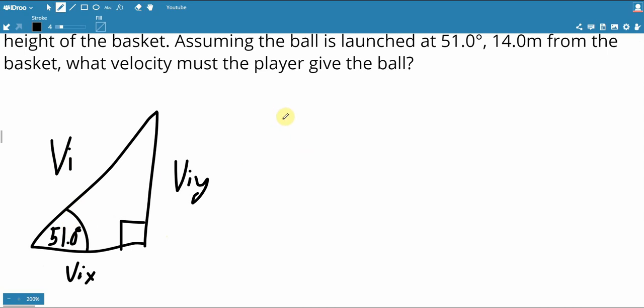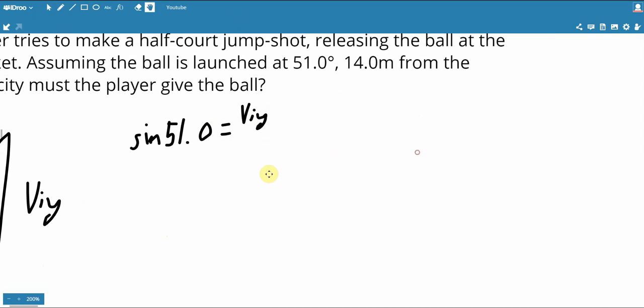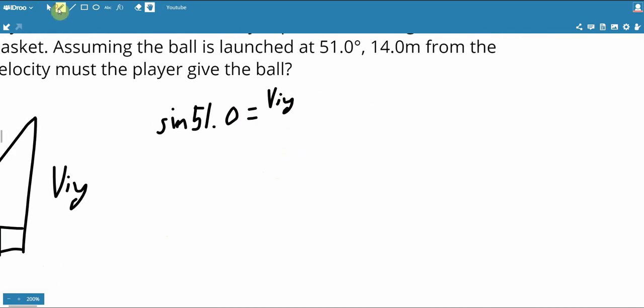So let's start with sine of 51.0 equals opposite over hypotenuse. So opposite is VIY and hypotenuse is VI. And then we can rearrange this, multiply the VI over.